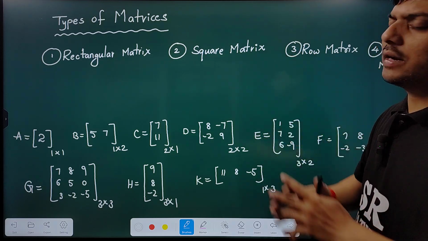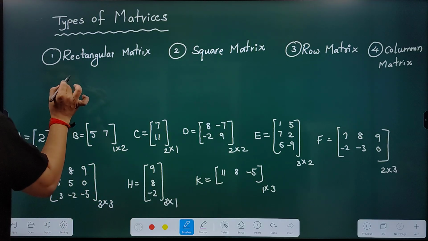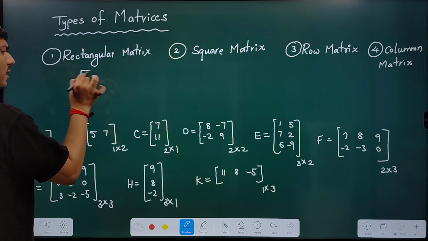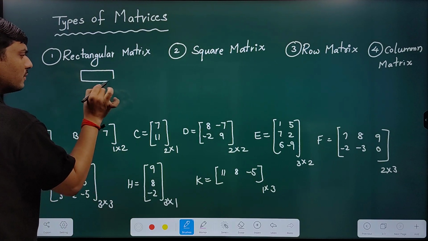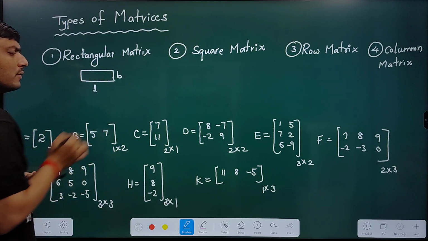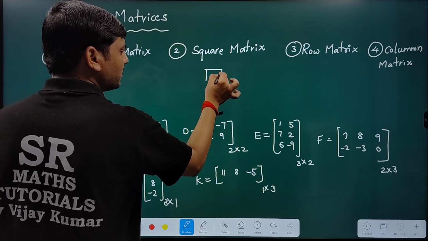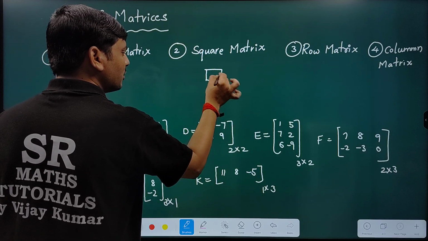What do we say about a rectangle matrix? Actually, students, listen. A rectangle matrix is nothing but a rectangular diagram. This is the length, this is the breadth. This is a square matrix, all sides equal to each other.